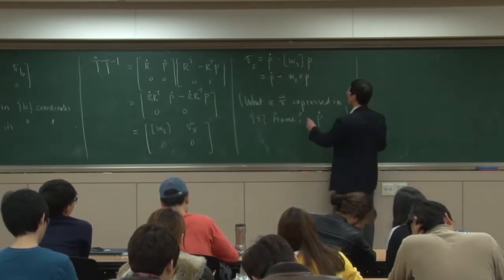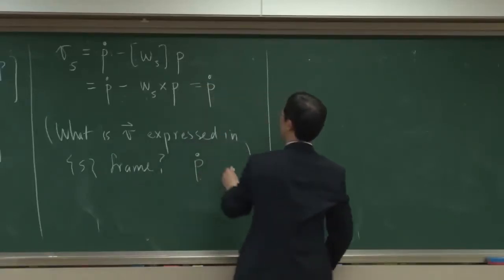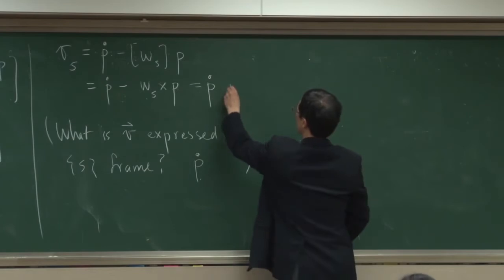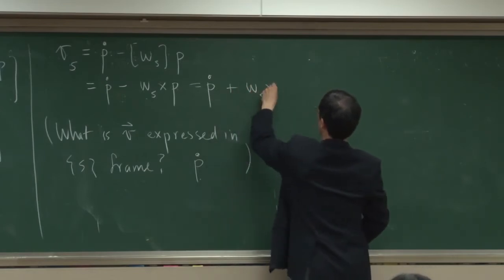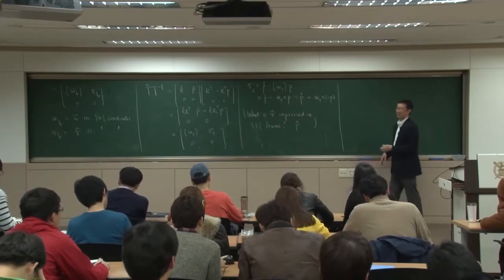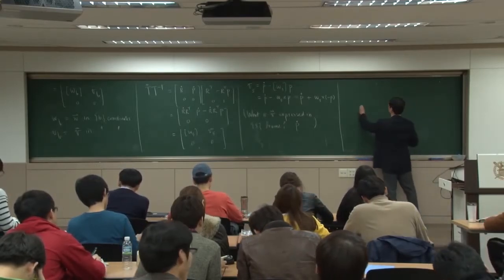So let me write it this way: equals P dot plus omega S cross minus P. Just indulge me. Why did I write it that way? Let's draw a picture here.